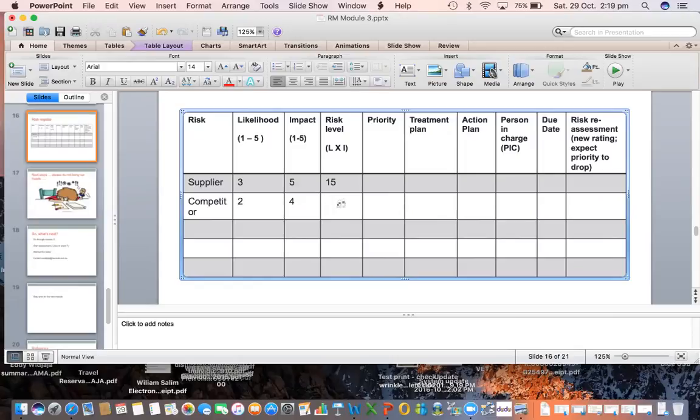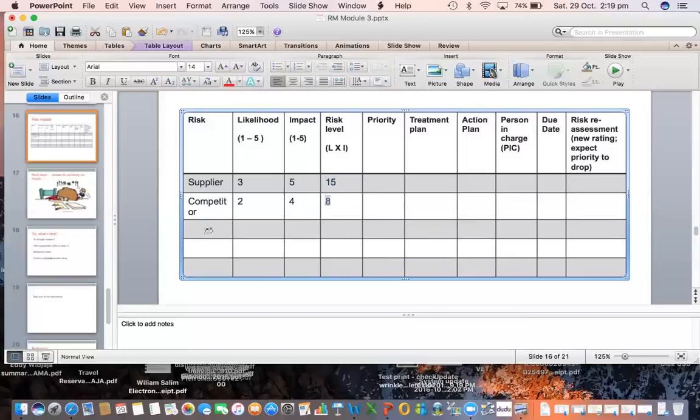We may lose a bit of volume, but not as bad as if we cannot launch it on time. So the risk level is 2 by 4, which means 8. Assuming we only have 2 risk events, this one is higher in terms of risk level than that one.